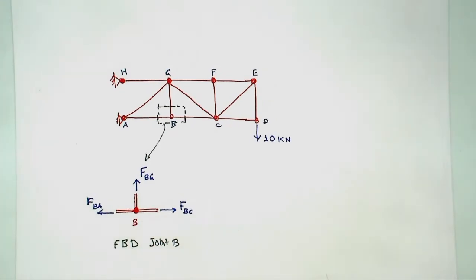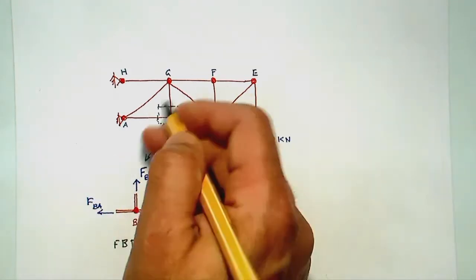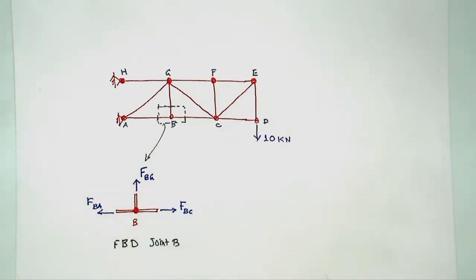Now we have got these three forces, and they have to maintain equilibrium so that this joint is in equilibrium. So if we do that, then of course, summation of horizontal forces equal to 0 would give me that F_BA is equal to F_BC.